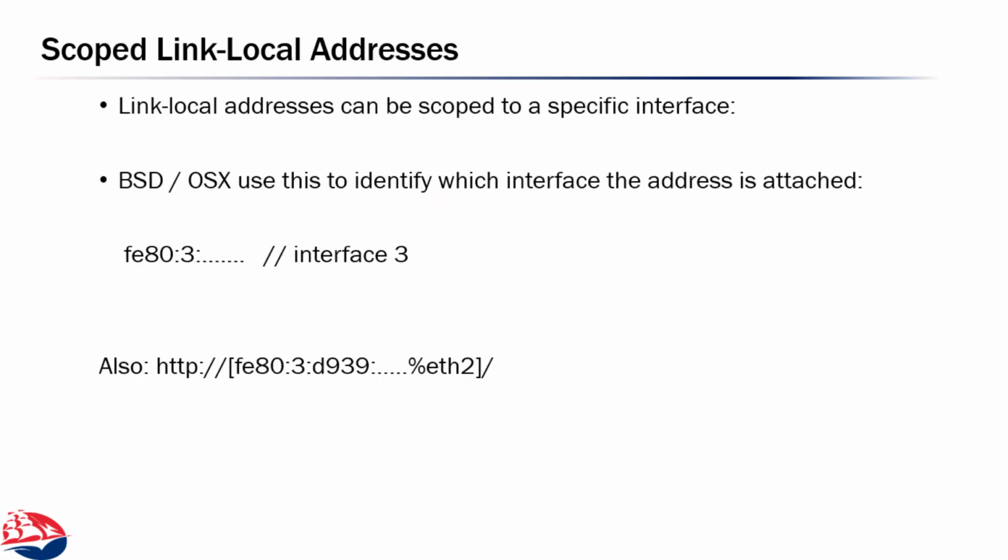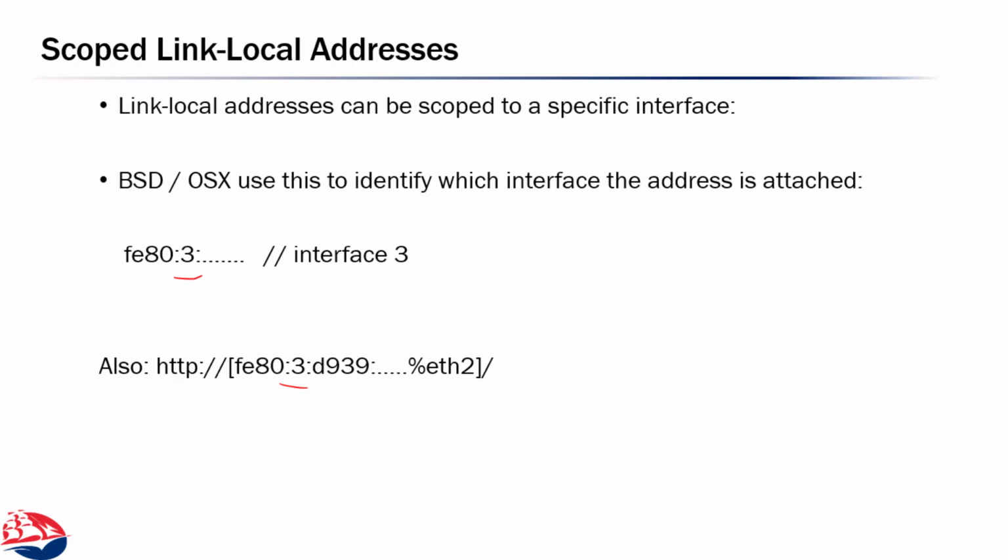IP6 addresses also have this bizarre format when they're in a URL called scope, and this is really a BSD thing. It's not against the standard, it's just they're the only ones who use it. They can identify what interface you want to use by using that link local address, the FE80, and then in the hexatet right next to it, putting the interface number that you want to use.